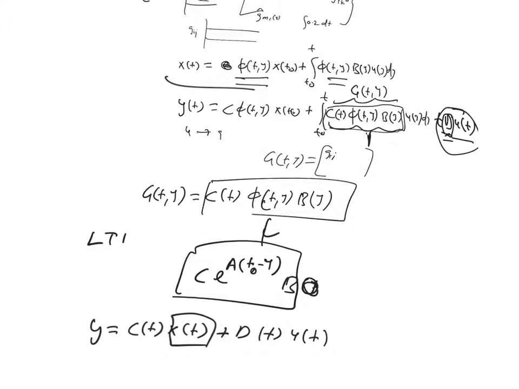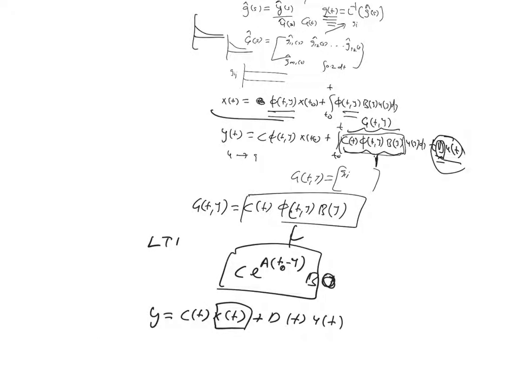And then D, are we assuming D is 0? I'm saying that D(t) u(t) is fine because we have made the assumption that D has to be uniformly bounded, and 0 is also a uniformly bounded case. So D will always have to be uniformly bounded for a system to be BIBO stable.